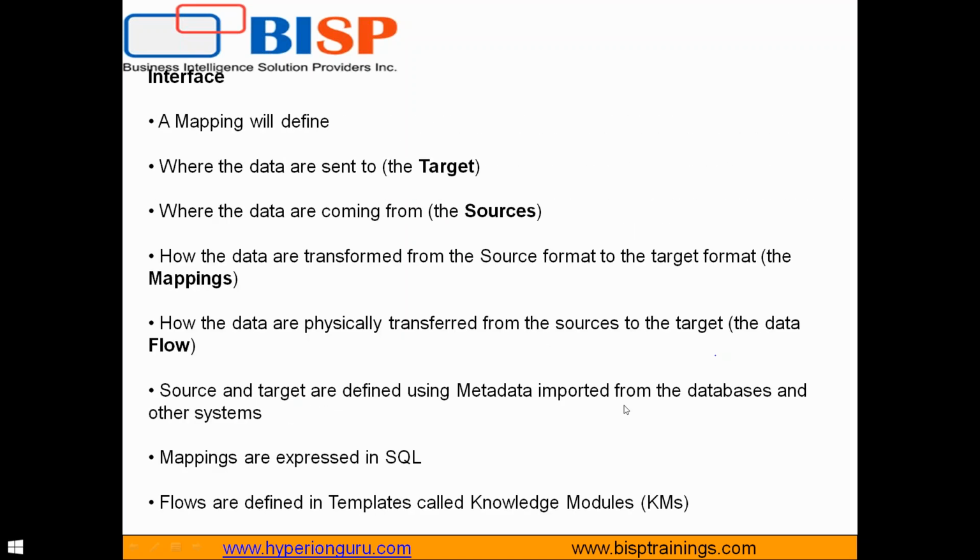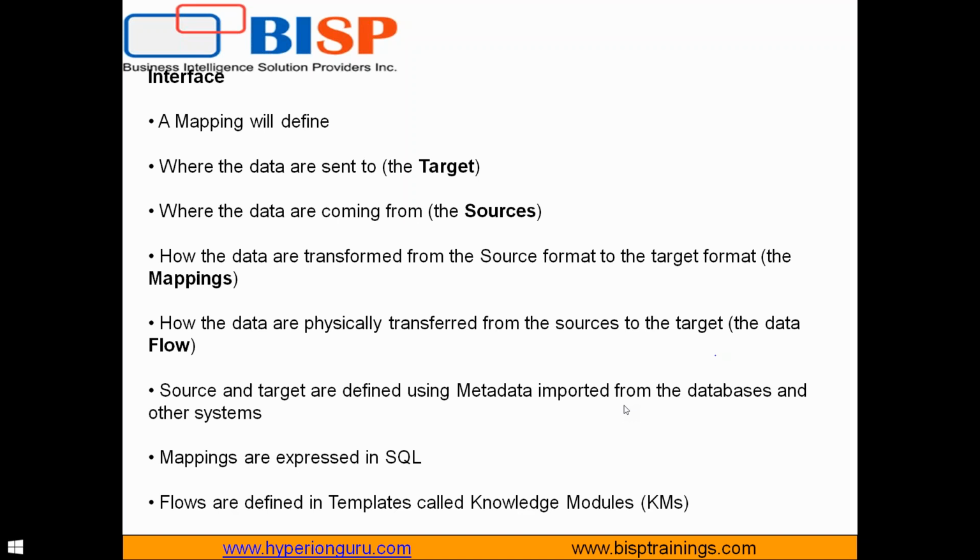So I just put this diagram to get the feel. Whenever we talk about the mapping, what are the bare minimum things which will be there in the mapping? So always there will be a source and there will be a target. The smallest unit here is called a mapping.